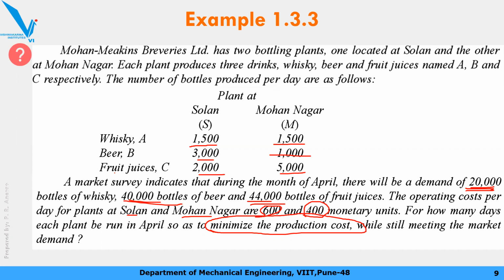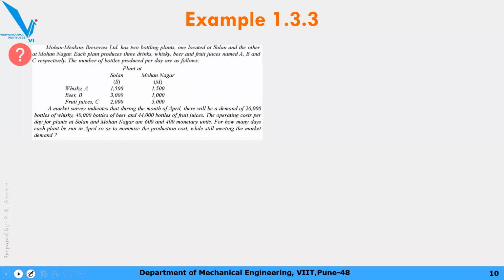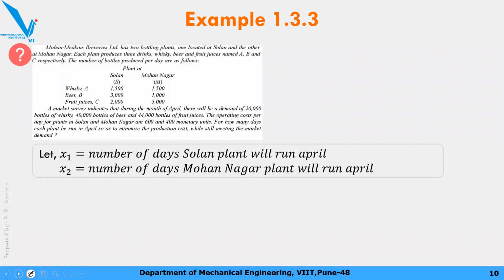So this is your problem statement, and I think all of you can prepare the decision variables, constraints, and objective function by reading the problem statement. So I'll skip the part of formulation. Here, decision variables x1 and x2 are the number of days a plant will work. So x1 is the Solan plant and x2 is the Mohan Nagar plant.